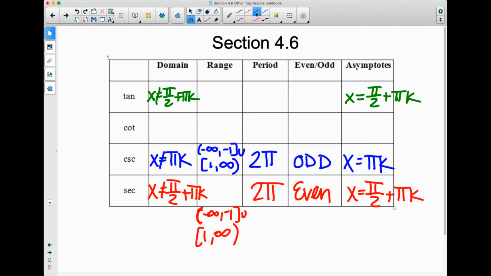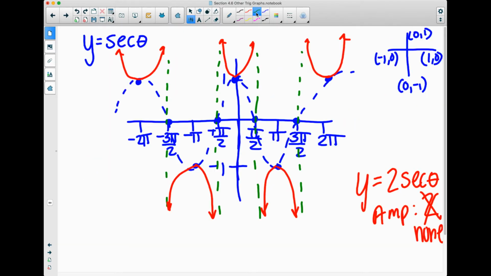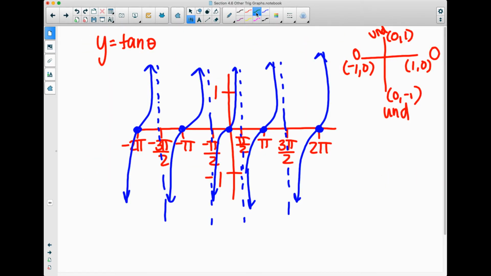My range is what for those graphs? Now, look at the graph for a second. What distance do I need to be able to take one of those squigglies and copy paste it over and over again?